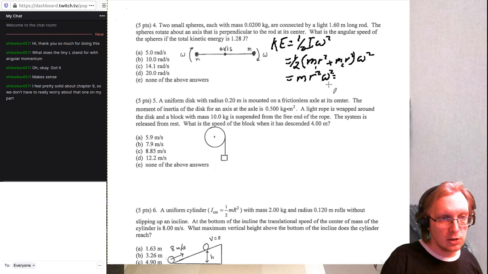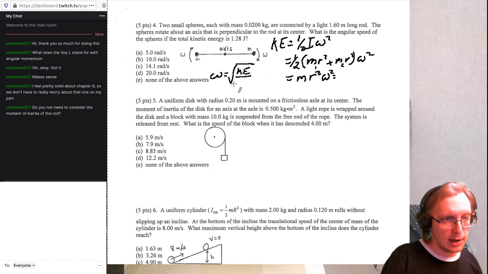Kinetic energy. Solve for the omega. So omega is equal to the square root of kinetic energy divided by mr squared. We have all that, yeah? I'm going to plug in numbers.